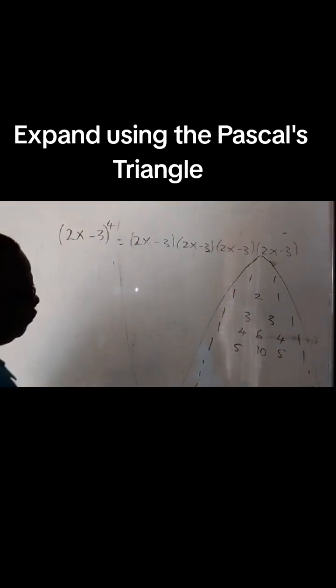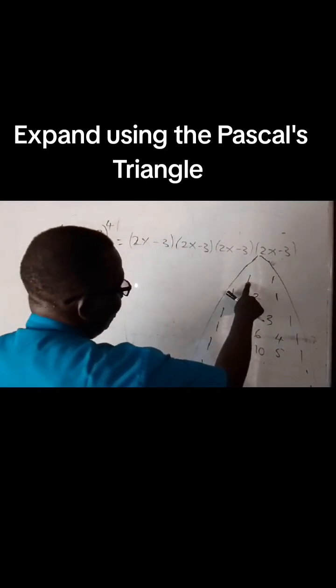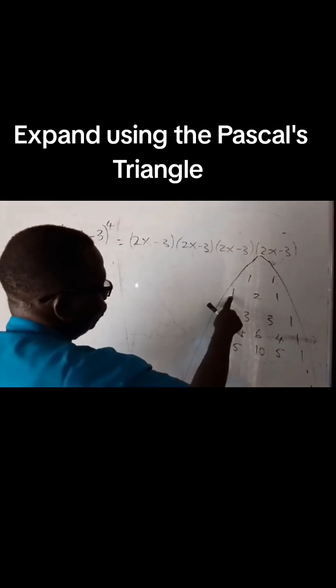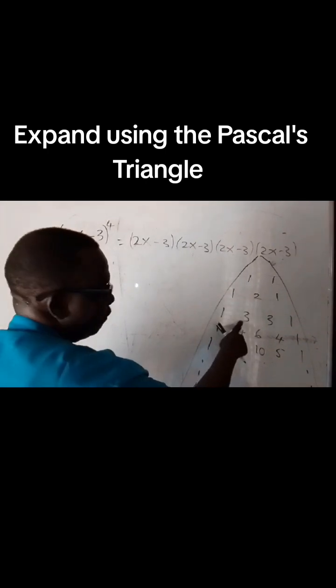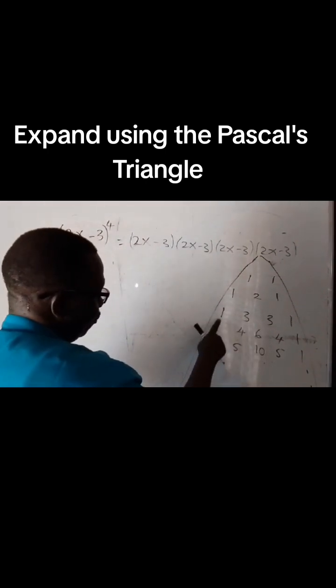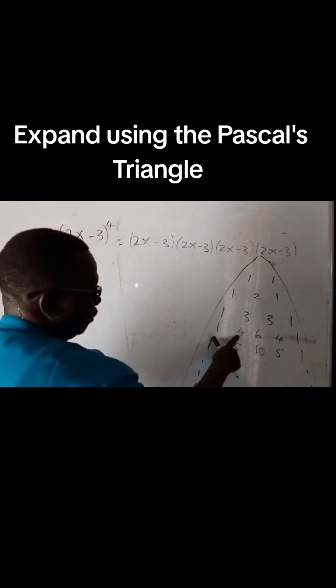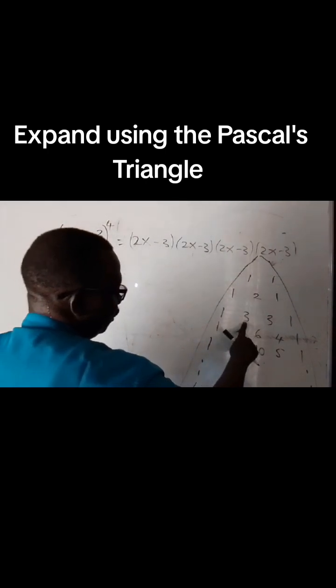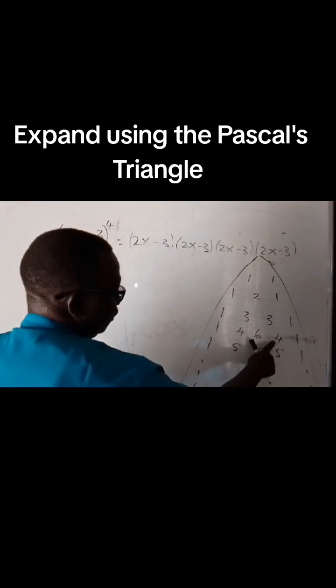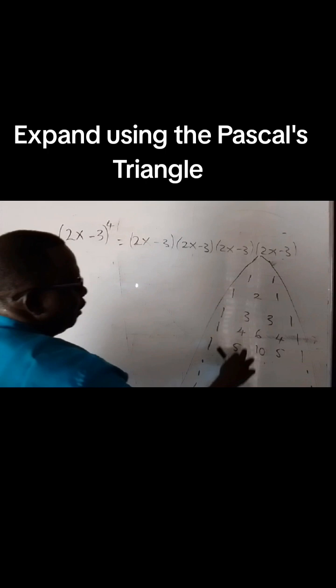Here 1 plus 1 gives you this 2, and 1 plus 2 gives you this 3, and 2 plus 1 gives you this 3, 1 plus 3 gives you this 4, and 3 plus 3 gives you this 6, 3 plus 1 gives you 4 here, and it continues.